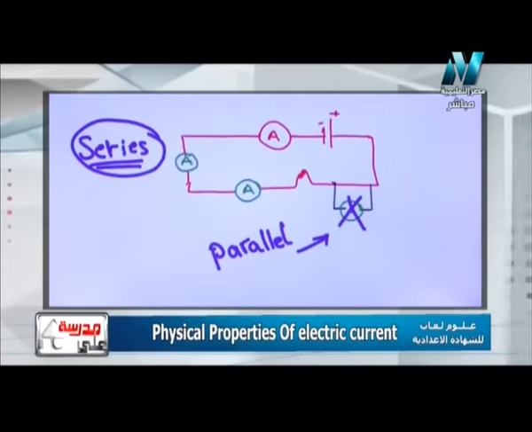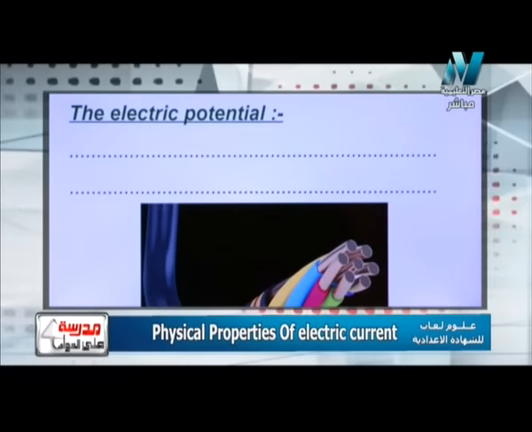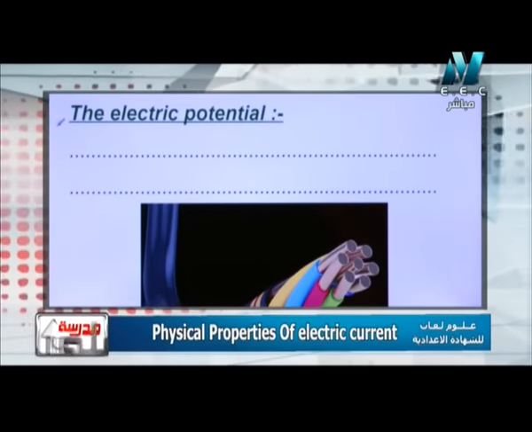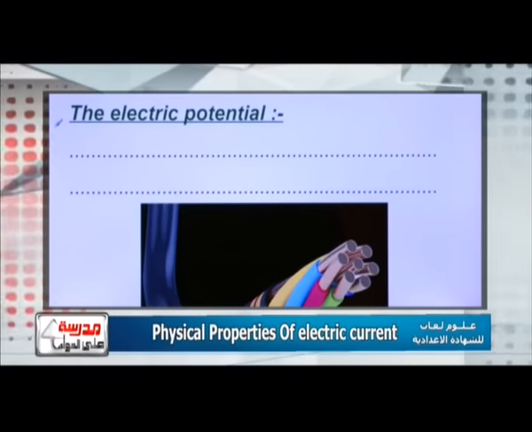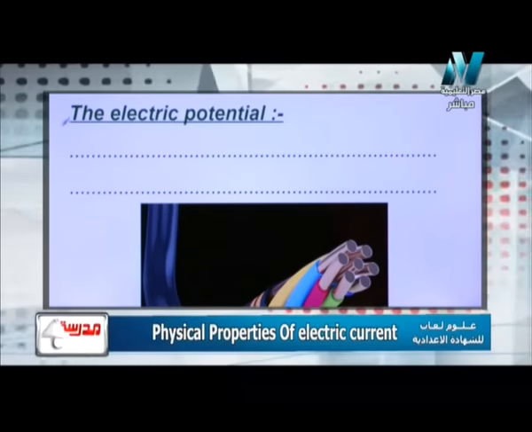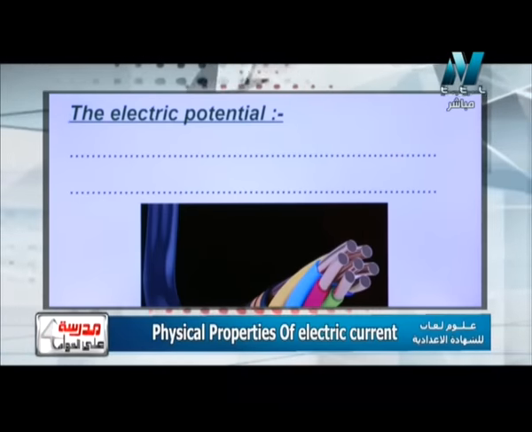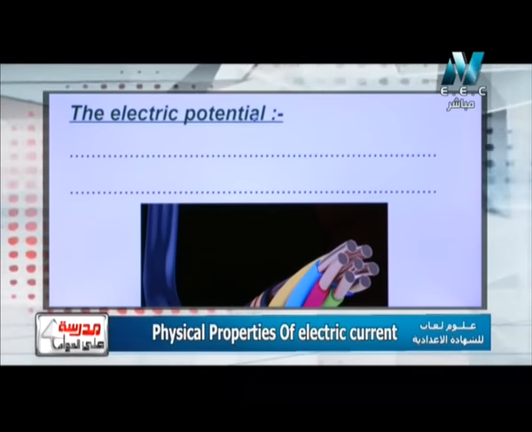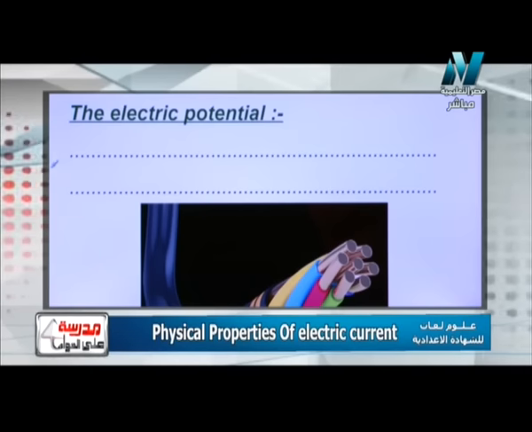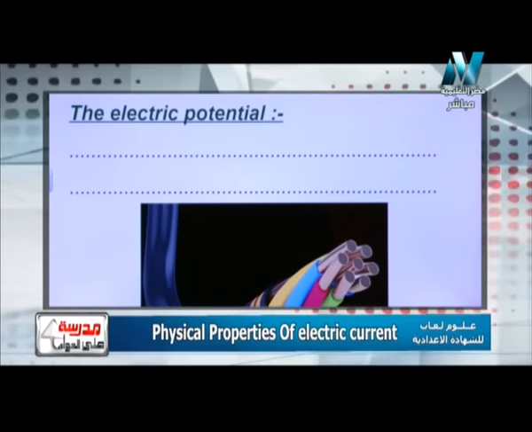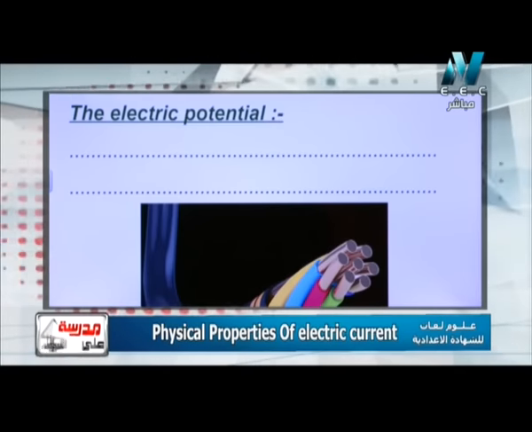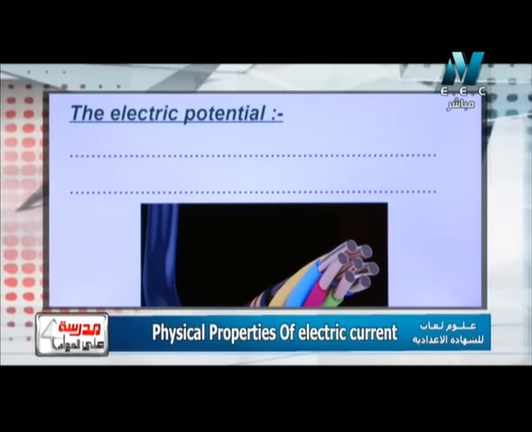Okay. As we have the electric potential. عندنا حاجة اسمها electric potential. يعني ايه electric potential؟ يعني نقدر نقول يعني direction of electric current. اتجاه التيار الكهربي. كلمة electric potential in simplest form هي direction of the electric current. يعني electric current passing from point A to point B. فهنا يقول لي what is meant by electric potential.